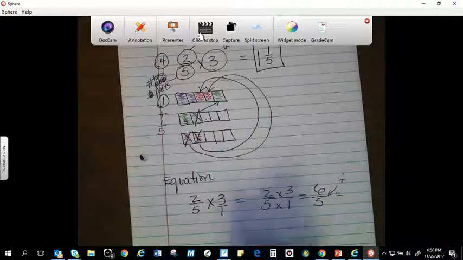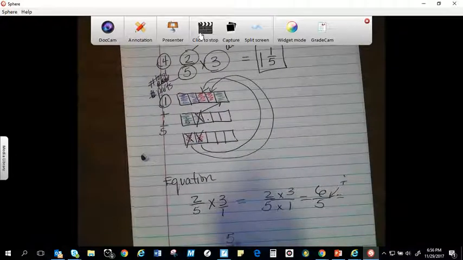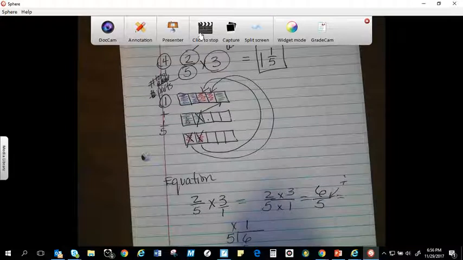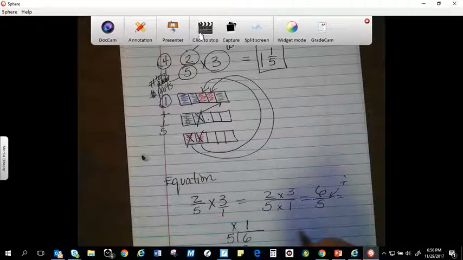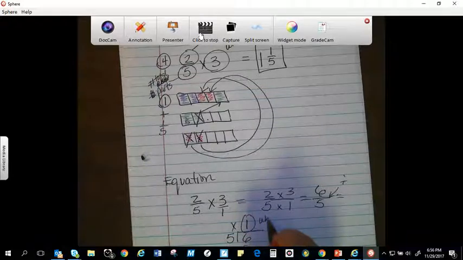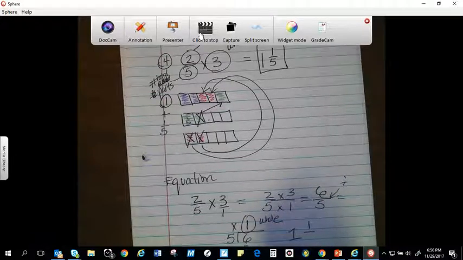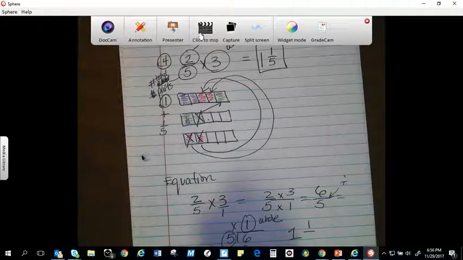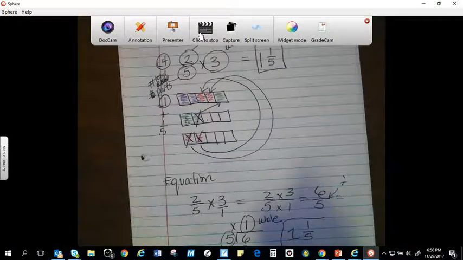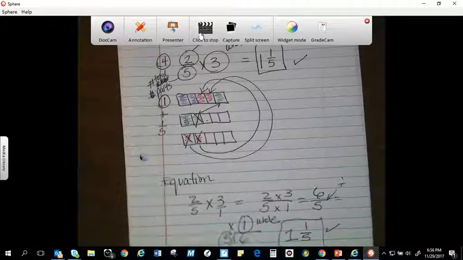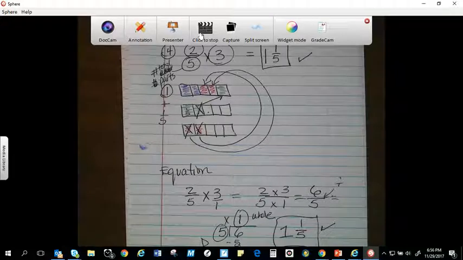And so 6 divided by 5 would be 5 goes into 6 1 time. 1 times 5 equals 5. Subtract that out, and I have my 1 left over, which is my remainder. So I have my 1 whole. My remainder now becomes my new numerator, and my denominator stays the same. And does this come out 1 1/5? Absolutely. Very good. All right, way to go.